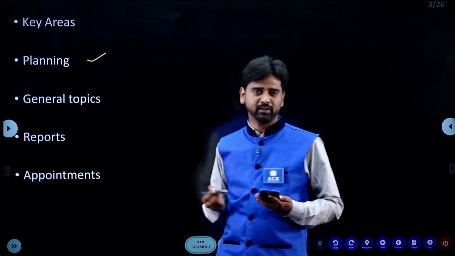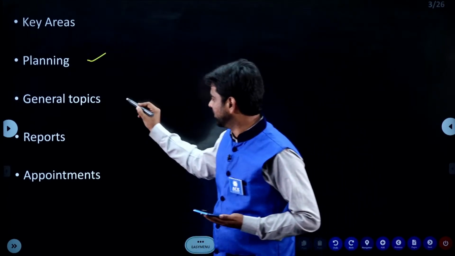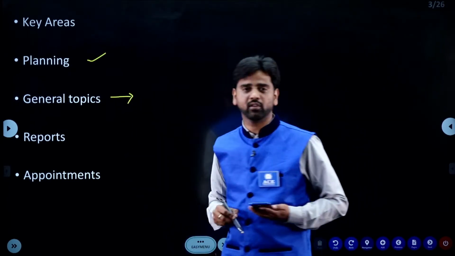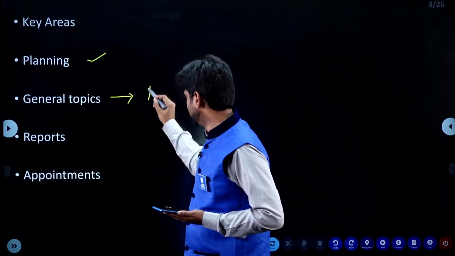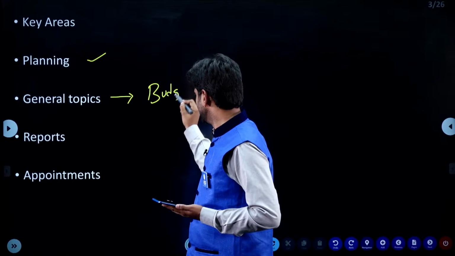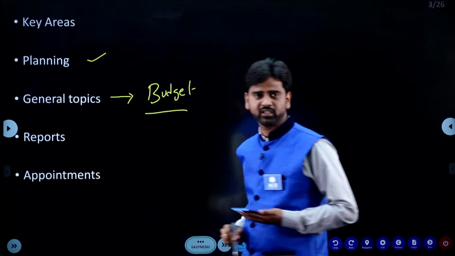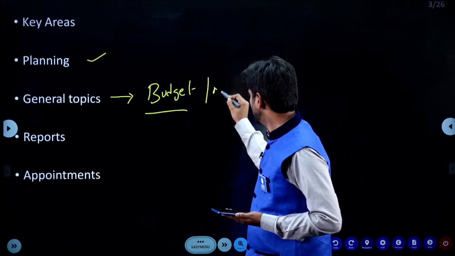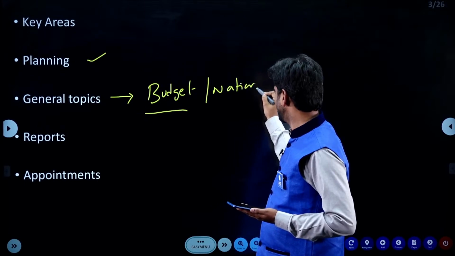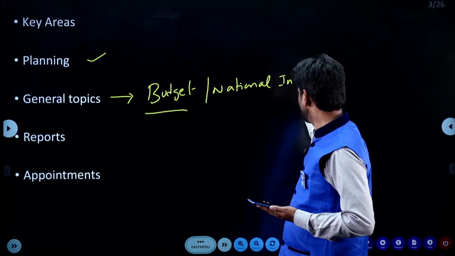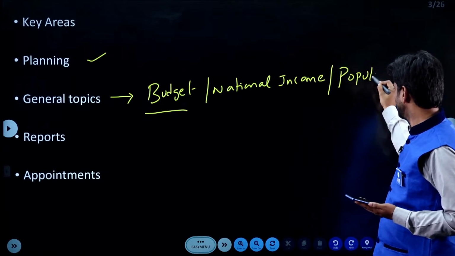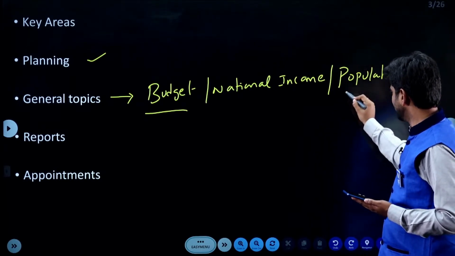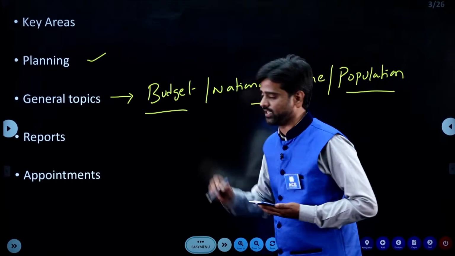Then the examiner is focusing on general topics like budget, the important topic called national income, and the topics related to demography or population. So here are the focused areas.